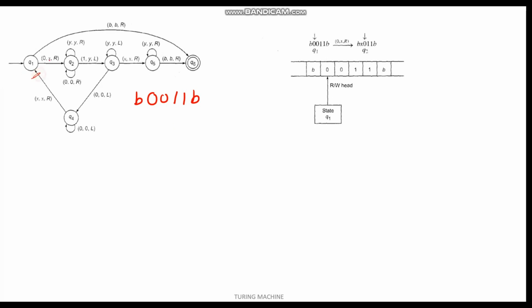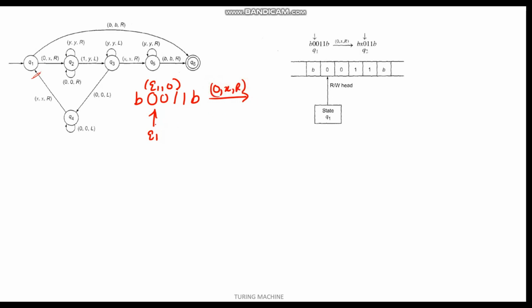The initial state is q1. So q1 is pointing to 0, because as an initial state it will point over here. It means q1 is given input 0. If we look at this diagram, when q1 is given input 0, the transition in this case is 0xr. So it will apply the 0, x, comma, r function.